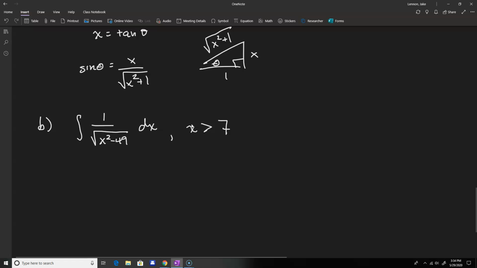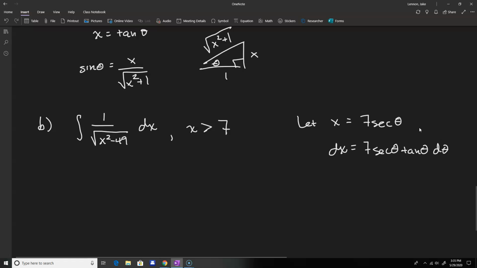So if you go back up to the chart, when you have x squared minus a squared, in this case a would be 7, our substitution is going to be, we want x to be a secant theta, so in this case 7 secant theta. So then dx will be 7 times secant theta tangent theta d theta.